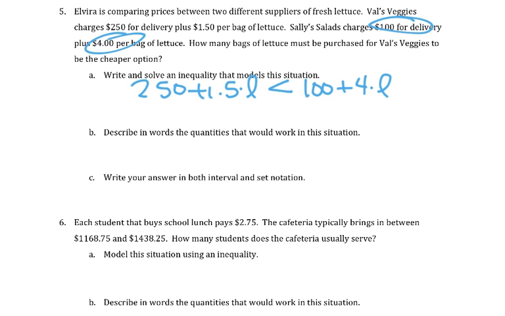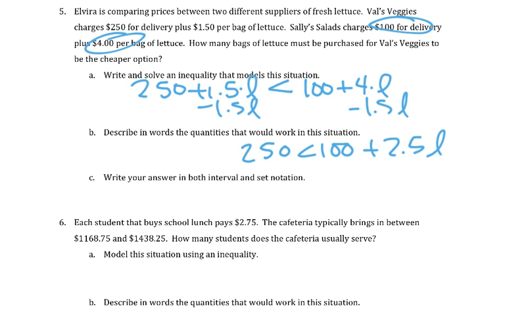So there's my inequality. I can subtract 1.5 from both sides. So I get 4 minus 1.5, which is 2.5, so I have $2.50 is less than 100 plus 2.5 L.